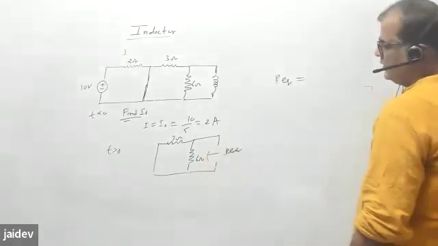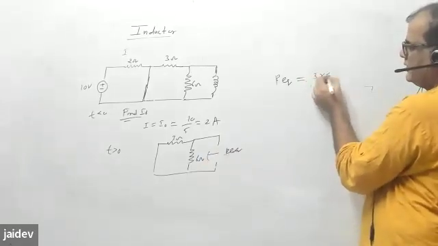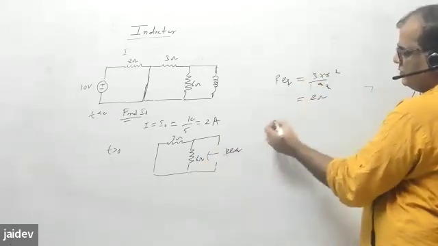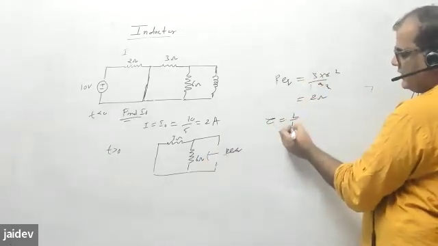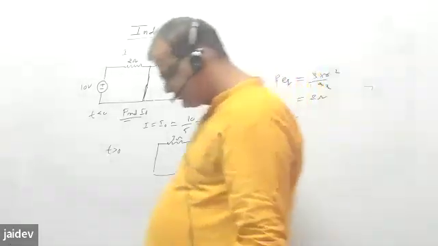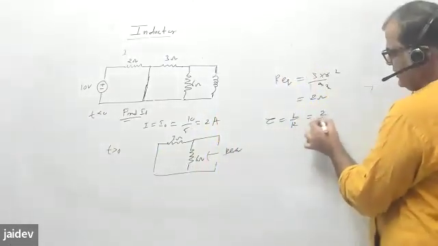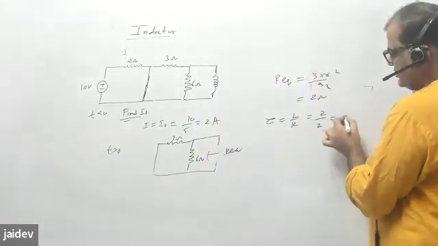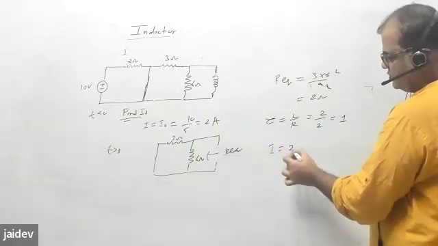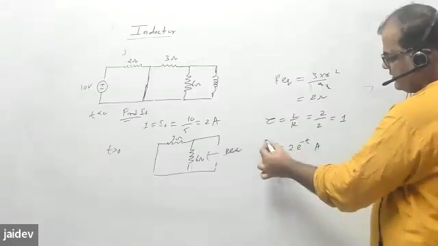R equivalent is 3 parallel to 6, that is 18 by 9, that is 2 ohm, and tau is L by R. L is 2 Henry, and R is also 2. So this becomes 1. So your I becomes I naught, which is 2 e power minus t ampere.